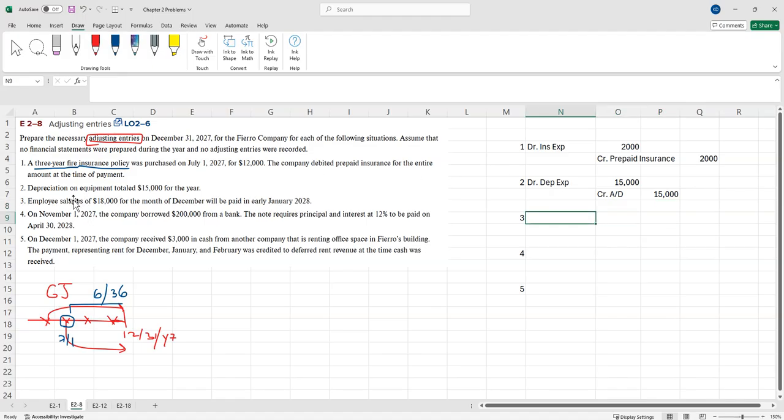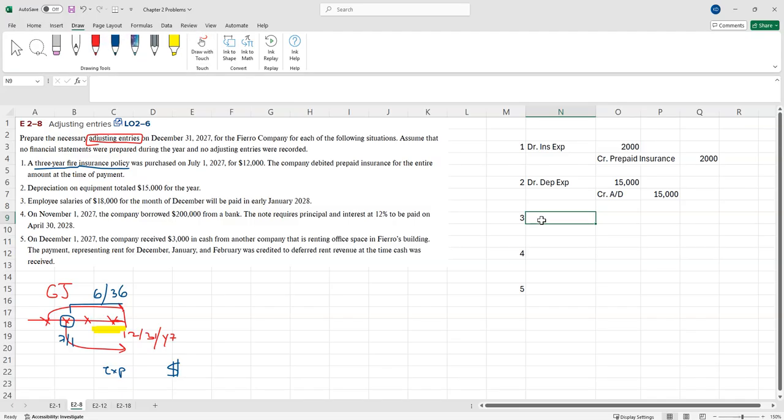How about 3? Employee salaries of $18,000 for the month of December will be paid in early January 2028. So we've had some employees work during the period, and we need to accrue the expense. We'll have the expense first, but we'll only pay them next period, so this is going to be an accrued expense.